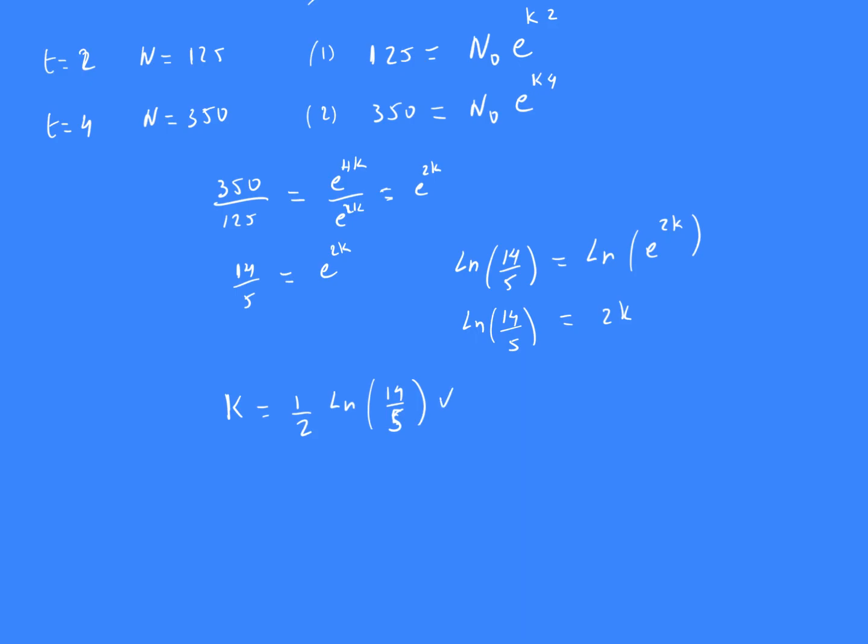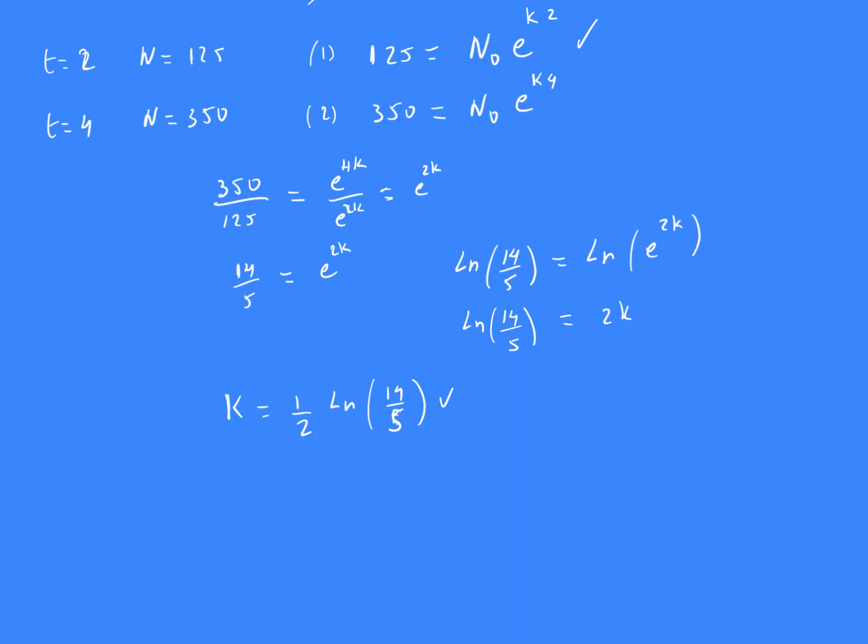And the problem is asking me what is N0. What is the initial amount of bacteria that exists at t equals 0? So I can go to equation 1, this one, and I can plug in the k here. I can find the N0. Let's do it.